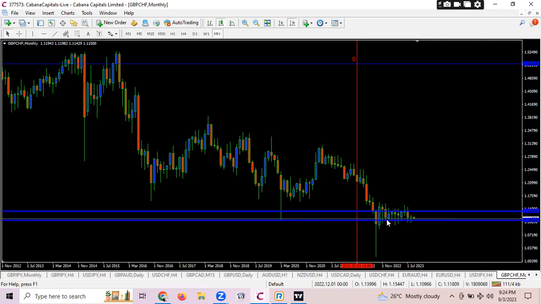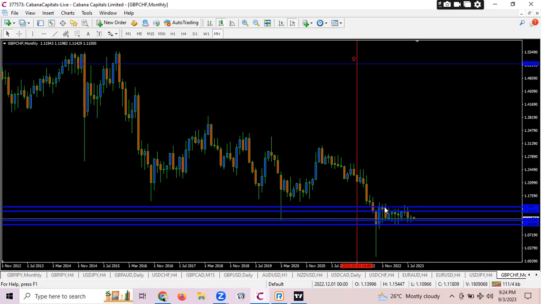So if this support is broken, you should expect more bearish move on GBP CHF. And if this resistance zone is broken, expect more bullish move on GBP CHF.